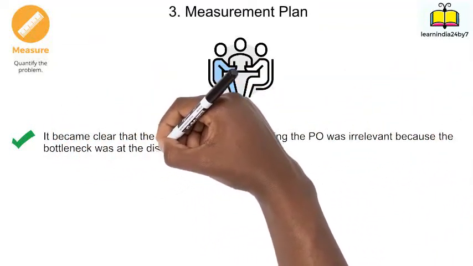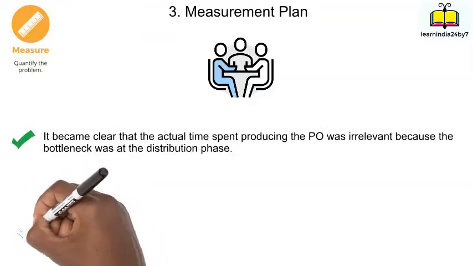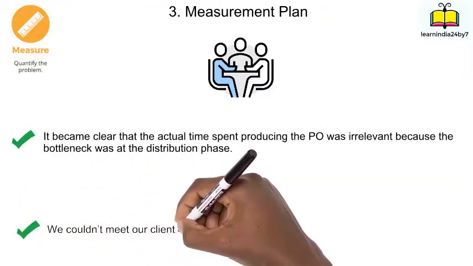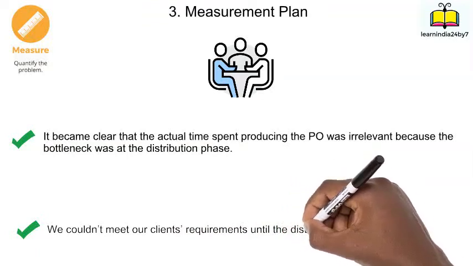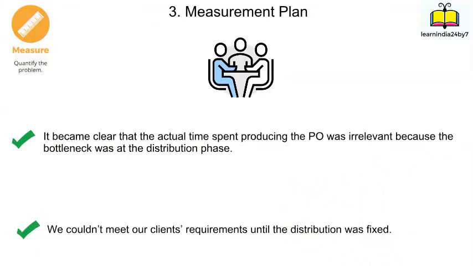With the current analysis, it became clear that the actual time spent producing the PO is irrelevant because the bottleneck is at the distribution phase. So at this point, we couldn't meet our client's requirement unless the distribution issue is fixed.